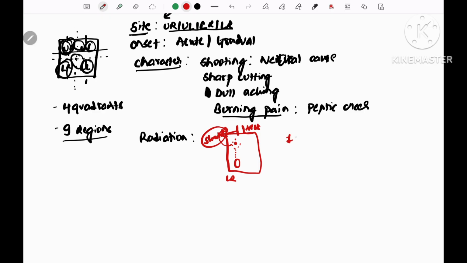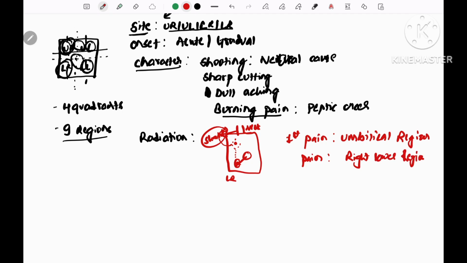So if the patient first feels pain around the umbilical region, and after about 3-4 hours the pain migrated to the right lower region, this gives the clue of thinking of acute appendicitis.